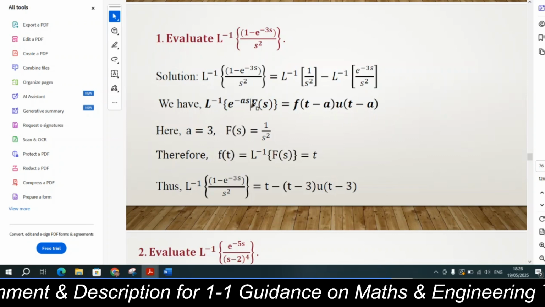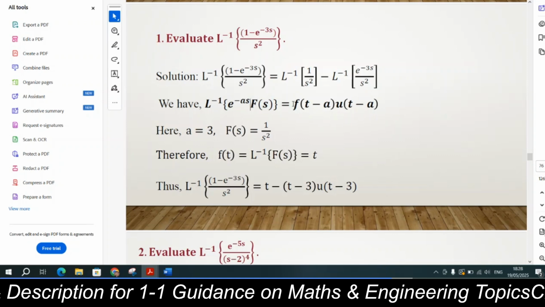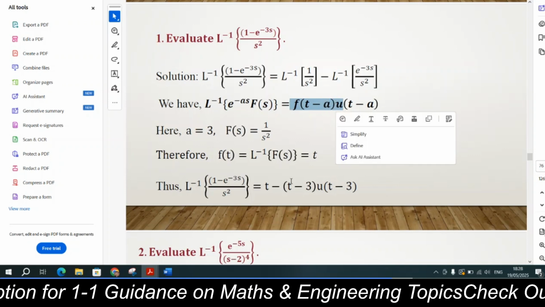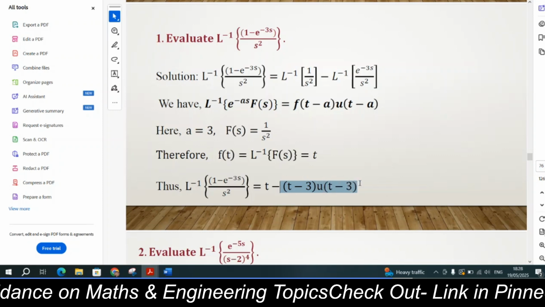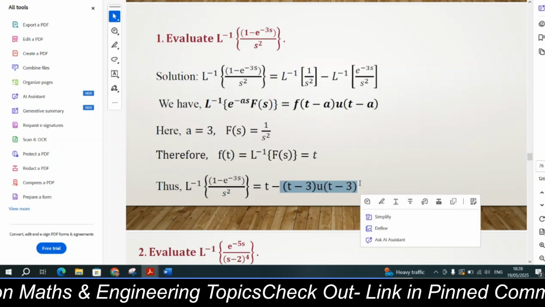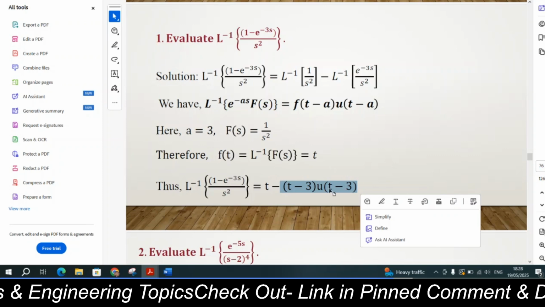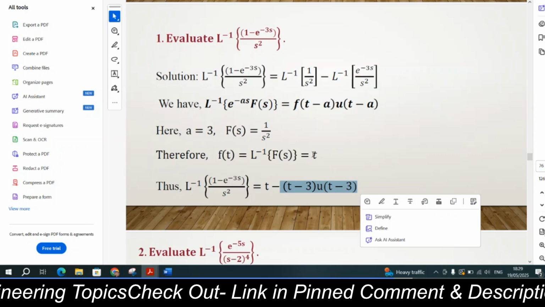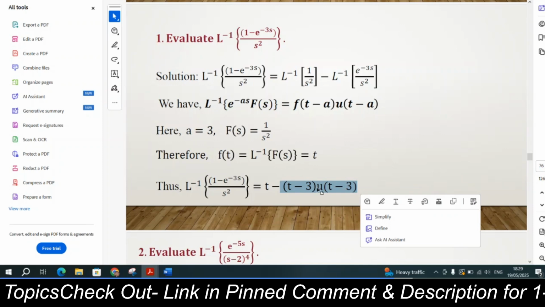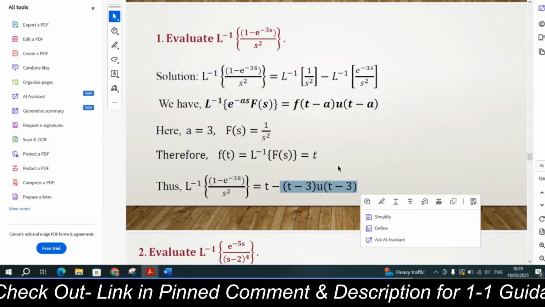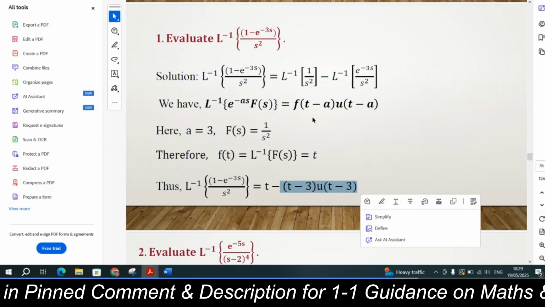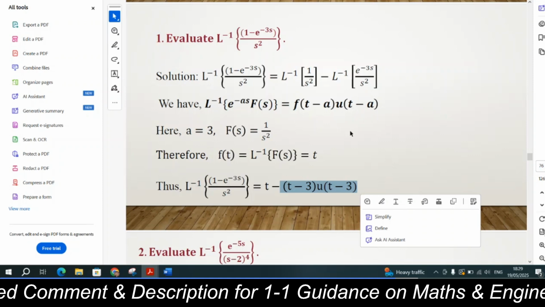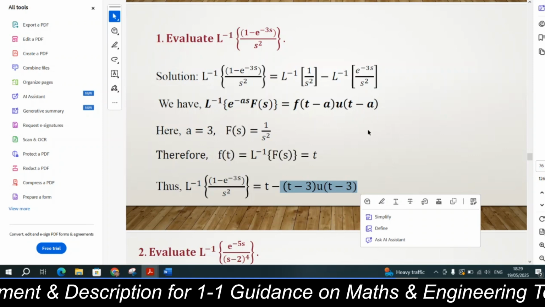In the f of s part, what is f of s for this function? 1 upon s square, and therefore f of t is t. Since f of t is t, f of t minus a becomes t minus 3 into u of t minus 3. Is the solution clear? Yes, I got that.